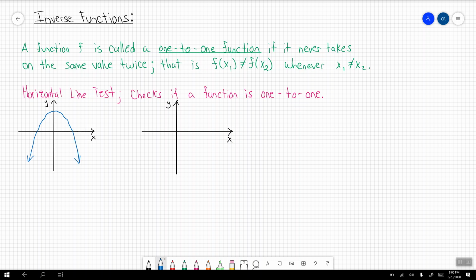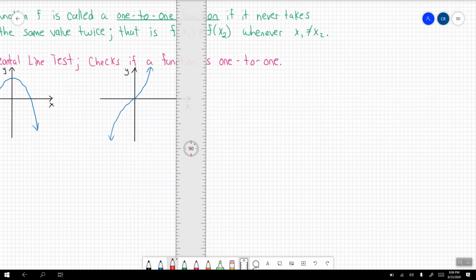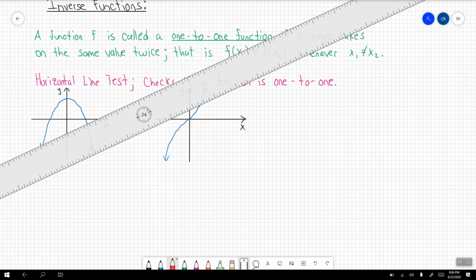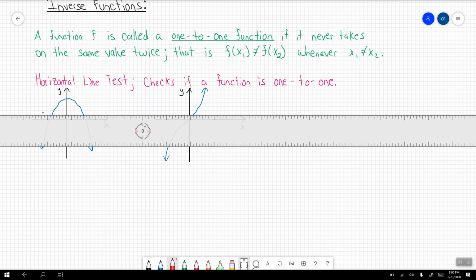Function 1 looks like a parabola opening downward. Function number 2 will look more along the lines of a cubic function. When we use the horizontal line test, we want to determine whether any horizontal line drawn through the function intersects it more than once.